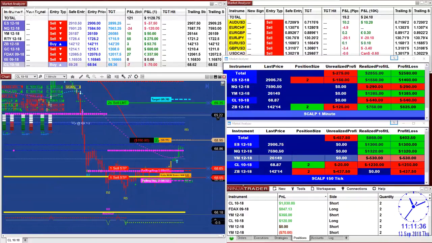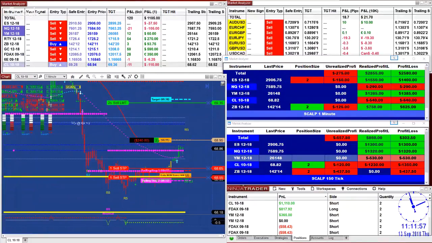Now we are changing direction, getting close to 12 o'clock. Maybe you need to call it off. I think we had beautiful runs this morning. There is not even one person who lost on any of those entry signals. And I hope you're doing it on Sim.